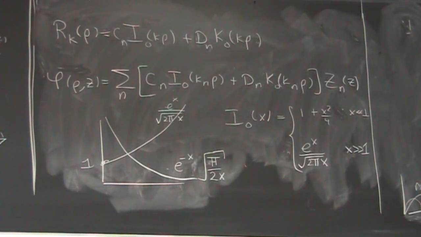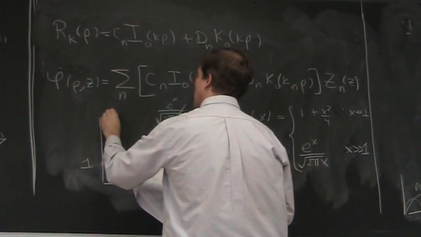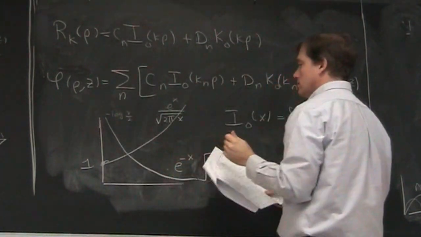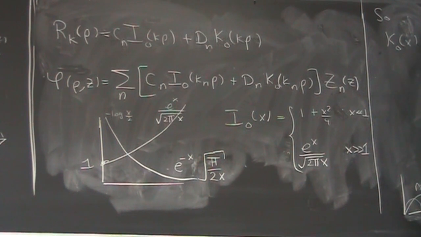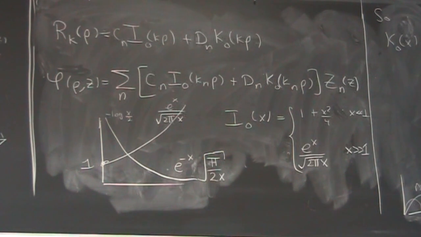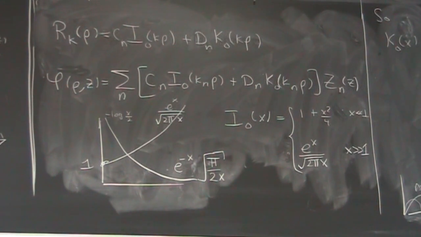It's decreasing exponentially, and at small x it diverges like minus log of x over 2, with a constant involving the Euler-Mascheroni constant. Again, I'm forgetting it now.